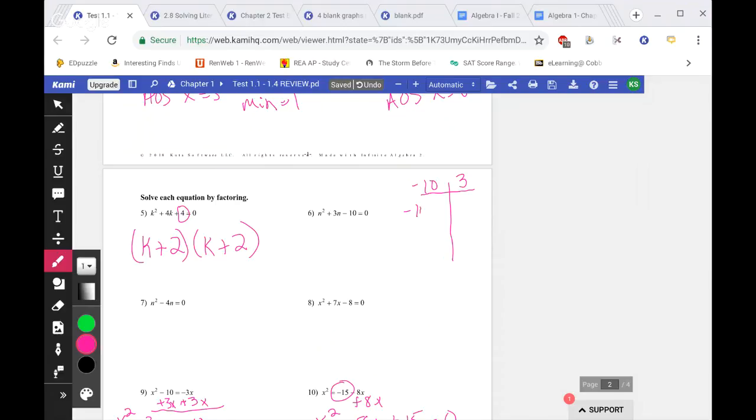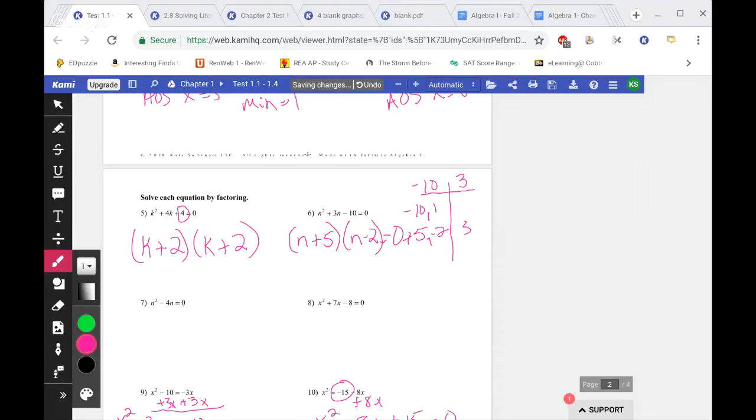There's negative 10 and 1, or vice versa. But if I combine those, that's going to give me a negative 9. That doesn't work. And then there's 5 and 2. If I do a positive 5 and a negative 2, that works. That does give me a positive 3. So then what we would do is do n plus 5 and n minus 2 equals 0. And now you have two little mini algebra problems.